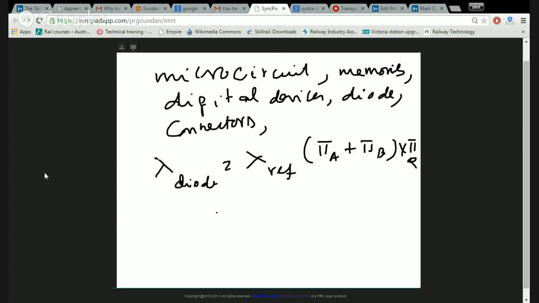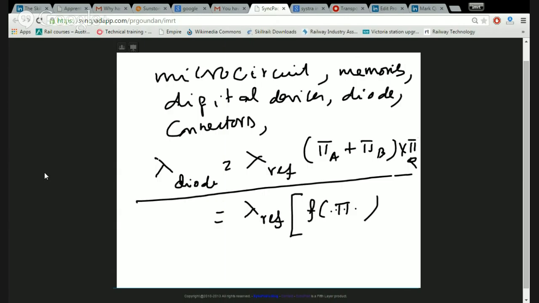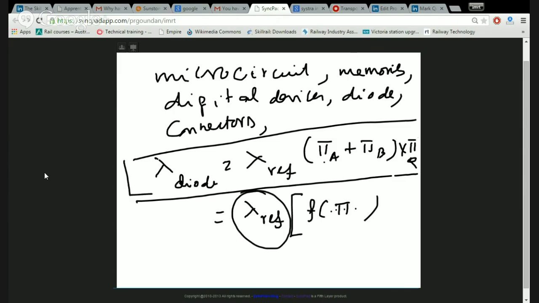In other words, the generalized equation will be a reference lambda given in the book times a function of various factors, the pi factors. It can be all multiplication, it can be summation, it can be anything, but it will be given. This equation is given in the handbook. You don't have to guess any equation. If I go for a diode, first it will say, please use this equation. Then it will say, look for lambda reference. Then it will say, look for the factors.